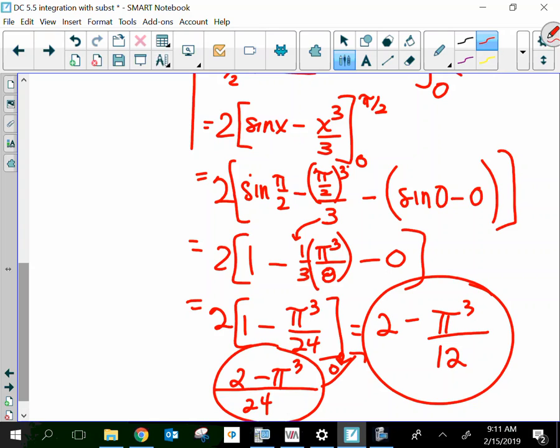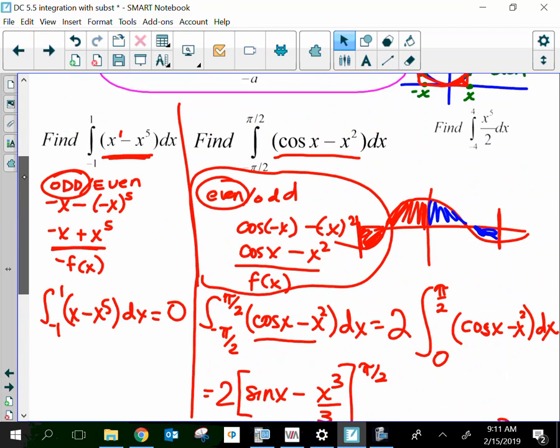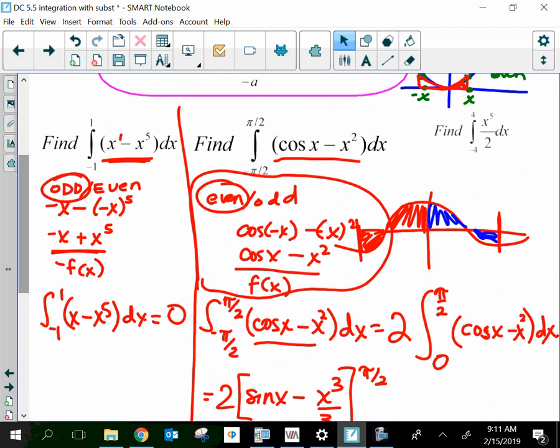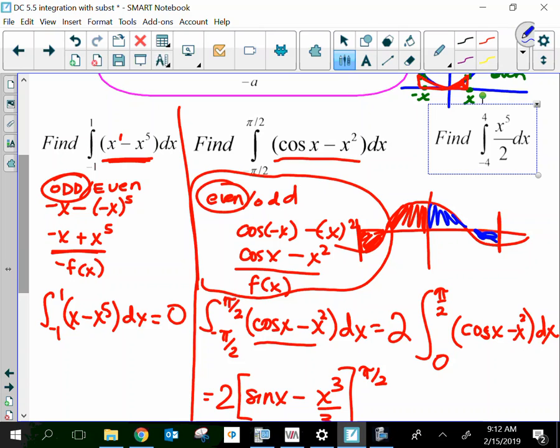Okay. Not pretty, but once we knew pi over 2 was cubed, we knew nothing good was going to happen with that, right? Okay, so that's symmetry. We got one more over there. What's x to the, we got the negative 4 to 4. All right, is this even or odd? It's definitely odd. So all I'm going to do is squeeze in a 0 here and move on.